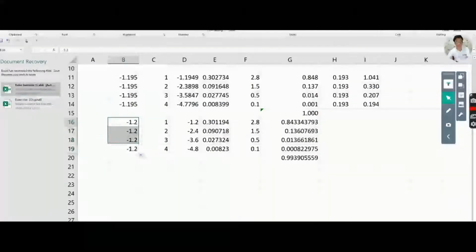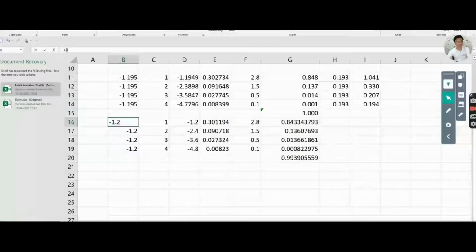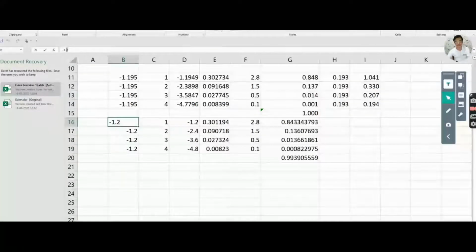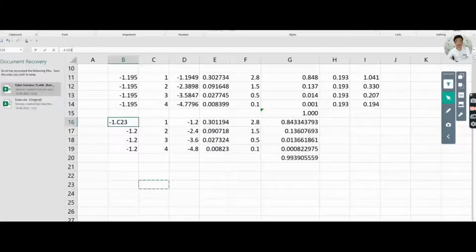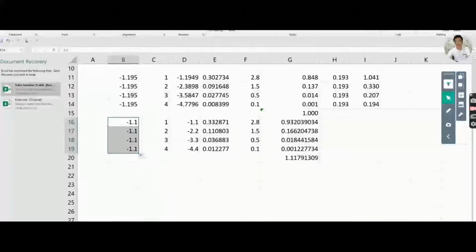I am taking 2 here, and it is going to 0.9, 0.99. Rather, I can take 1.1, and it is coming 1.117.